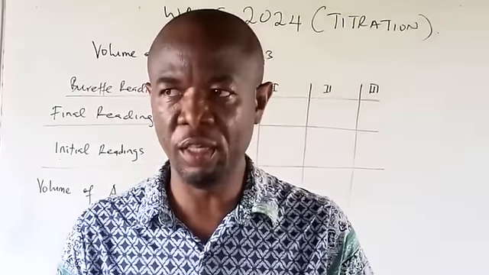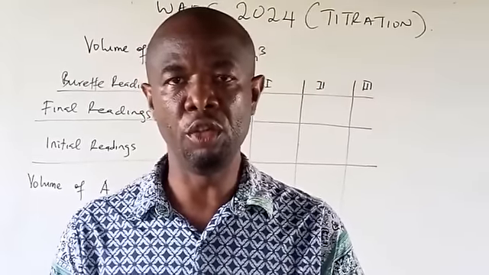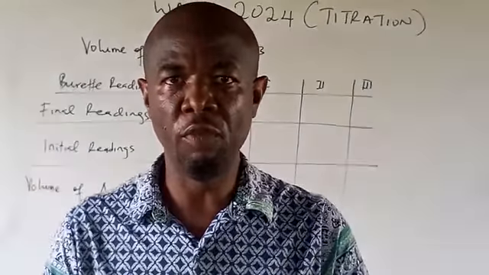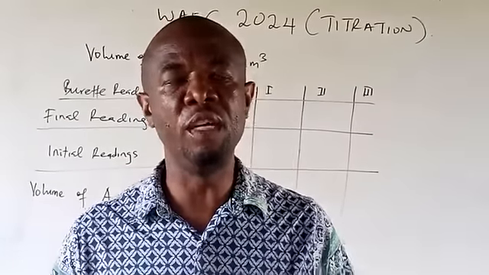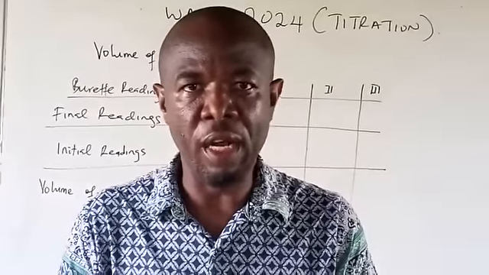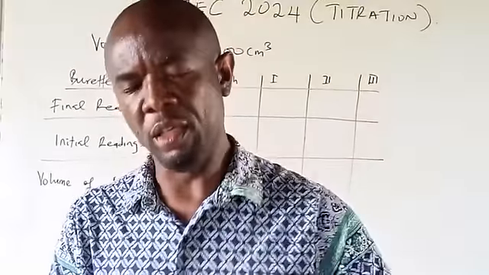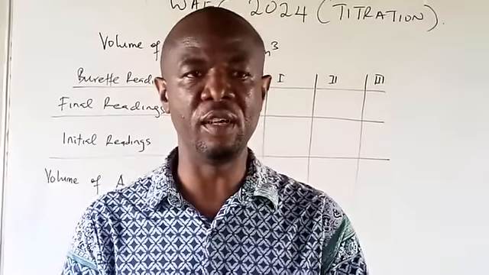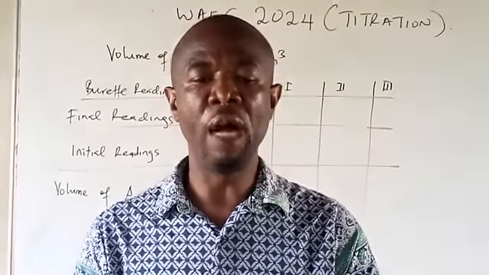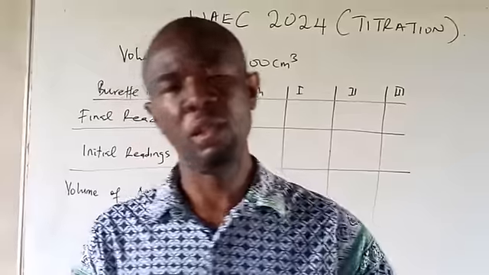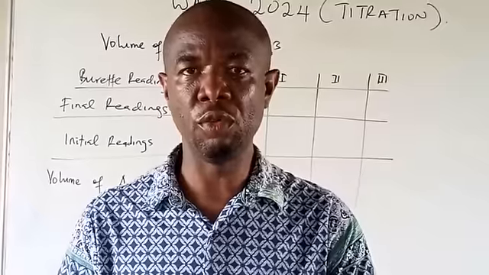Today we are taking a look at the WAEC 2024 May June examination, and we're going to look at titration, or volumetric analysis, otherwise known as quantitative analysis. In this May June examination, we are given solution A, which is 1.58 gram per dm cube of potassium permanganate, while B is iron sulfate, 5.5 gram of iron 2 sulfate.